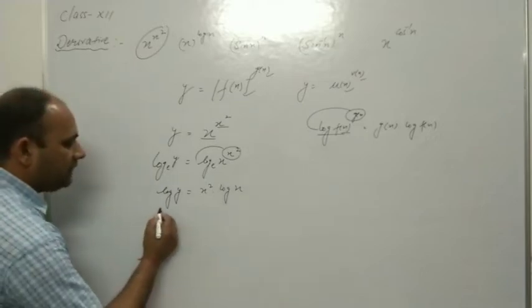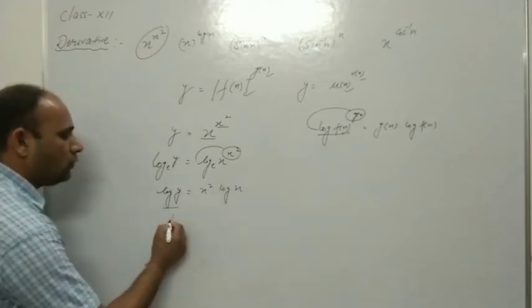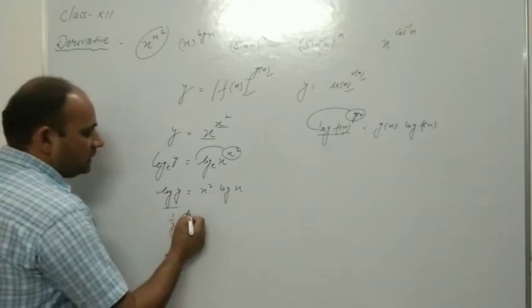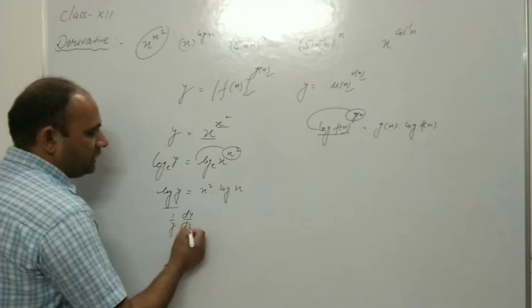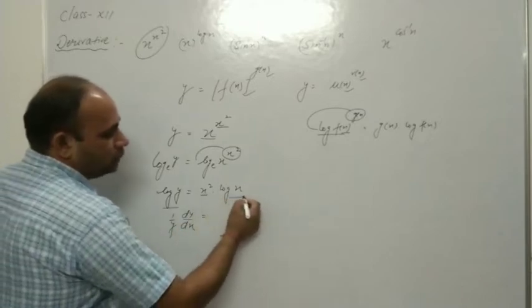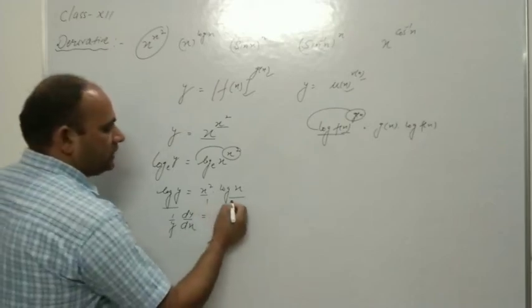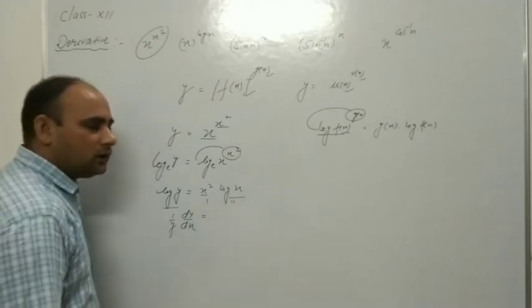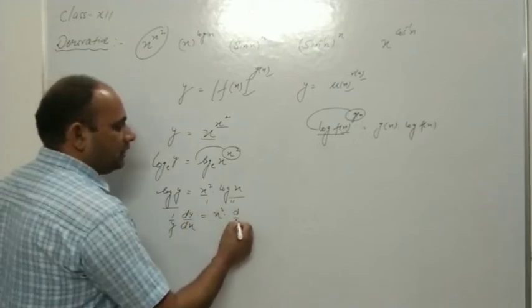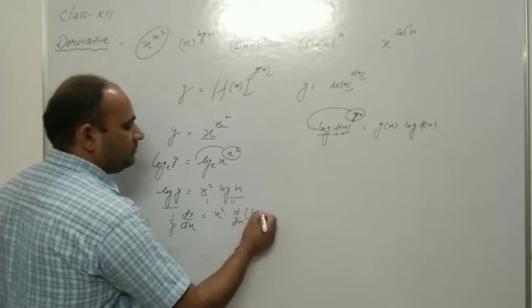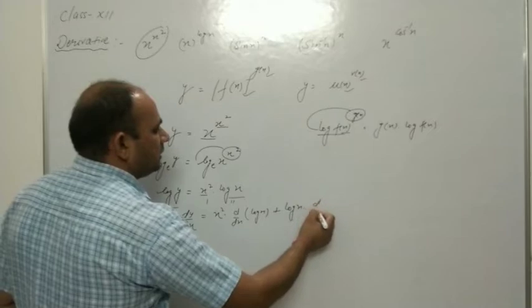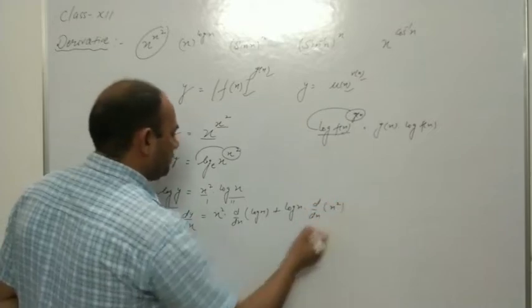Now here the derivative of log y is 1 upon y, and the derivative of y is dy upon dx. Now we have two functions, first and second. So we take the first as it is times the derivative of the second, plus the second as it is times the derivative of the first.